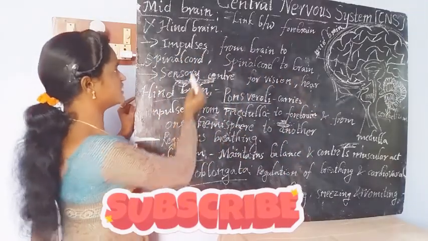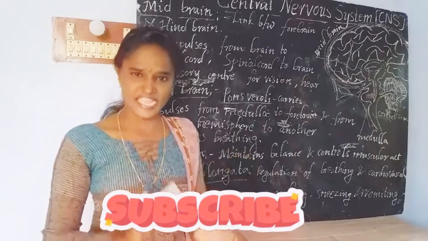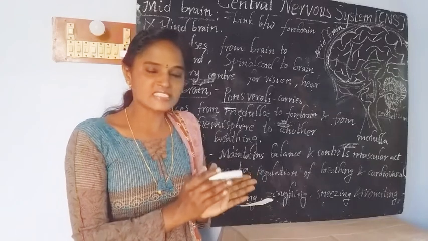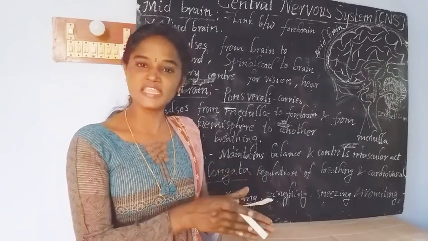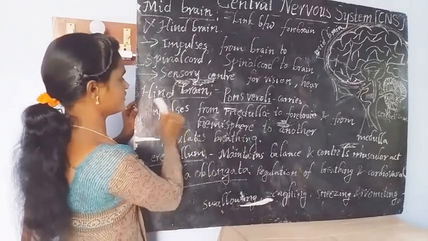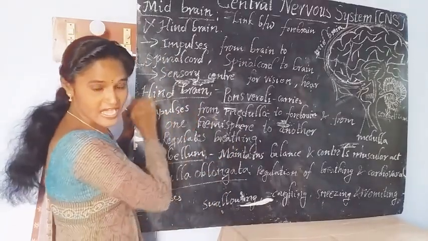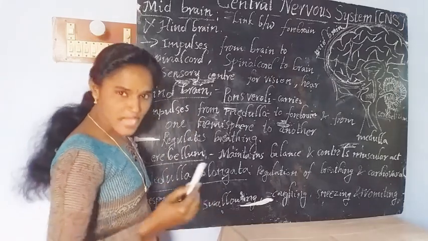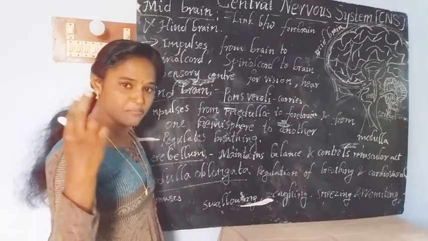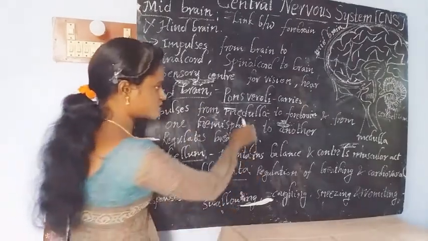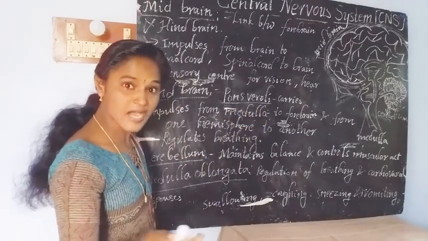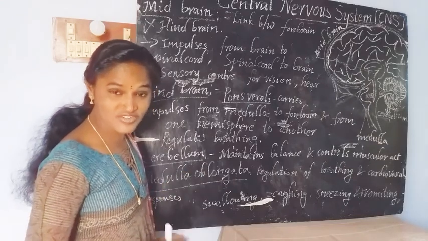If we talk about the hindbrain, it is very easy to learn. It is the back part of the brain, behind the midbrain, and it contains three important parts. One is called Pons Varolii. You just remember the cosmetic brand Pond's, the moisturizer cream.